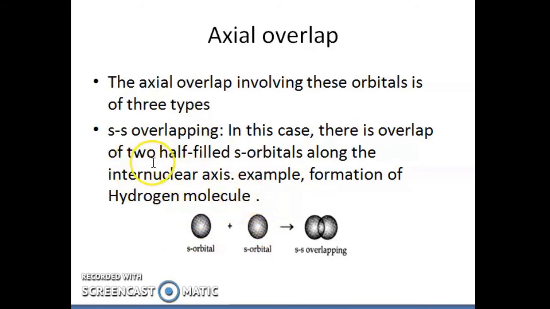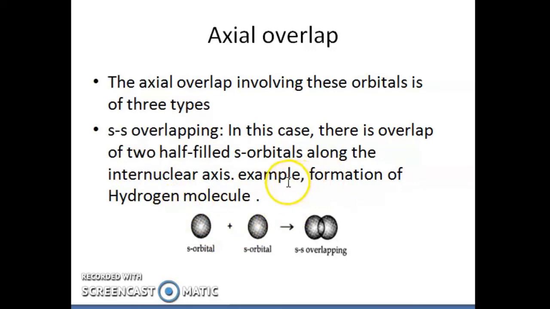There is overlap of two half-filled s orbitals along the internuclear axis. An s orbital overlaps with another s orbital in order to form a covalent bond.